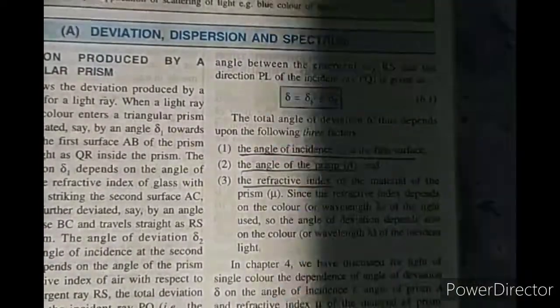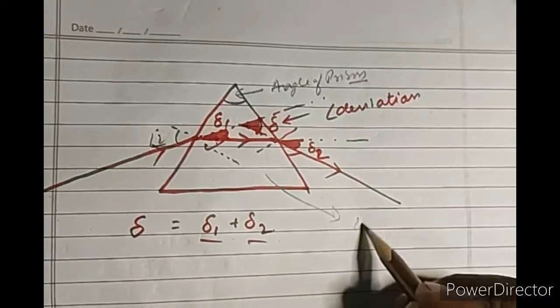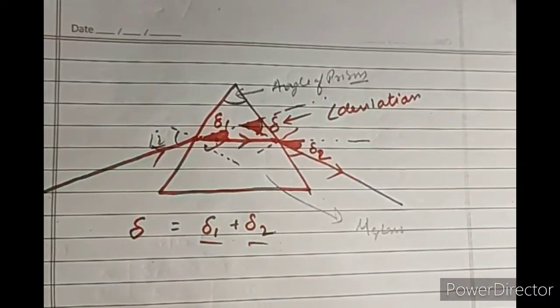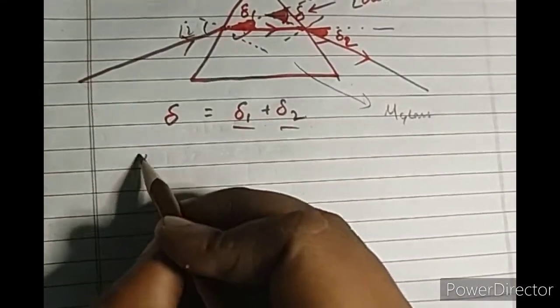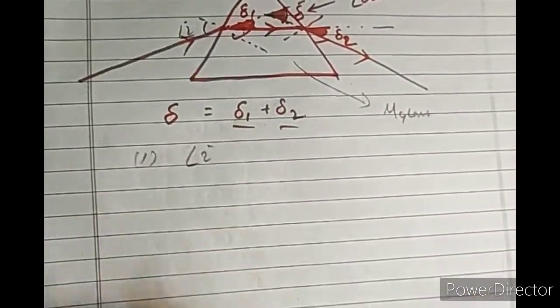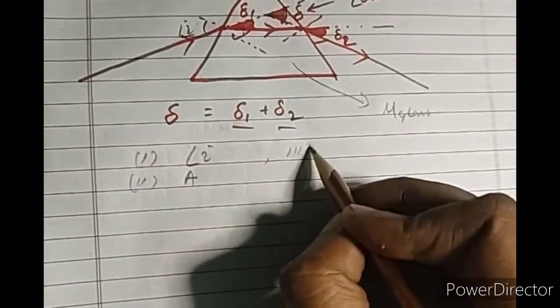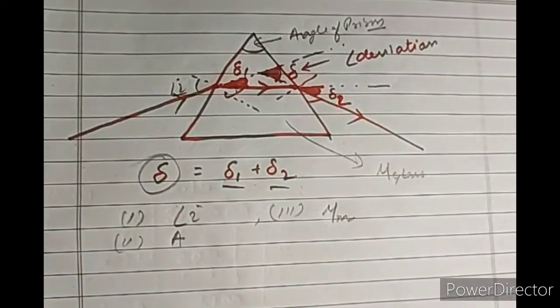Then it depends upon the refractive index of the material, the glass by which the prism is made. So these are the three things: first is the angle of incidence at the first surface, second is the angle of prism, and third is the refractive index of the medium. These are the three things on which the total angle of deviation depends.